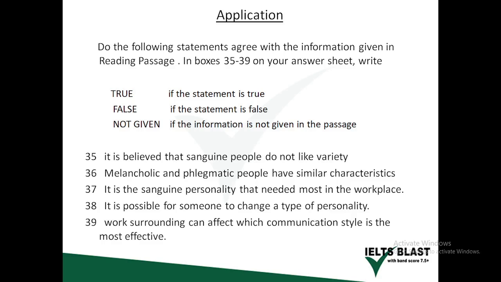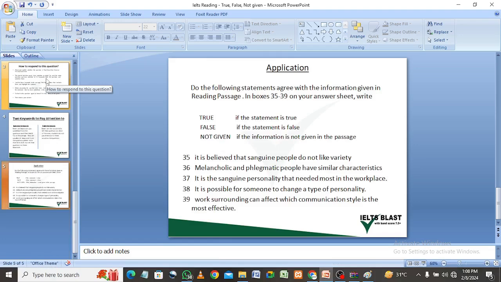Now, if you look at what I told you, you have to look at the question. Now, let's take a look at question 35. The question says what? It is believed that sanguine people do not like variety.